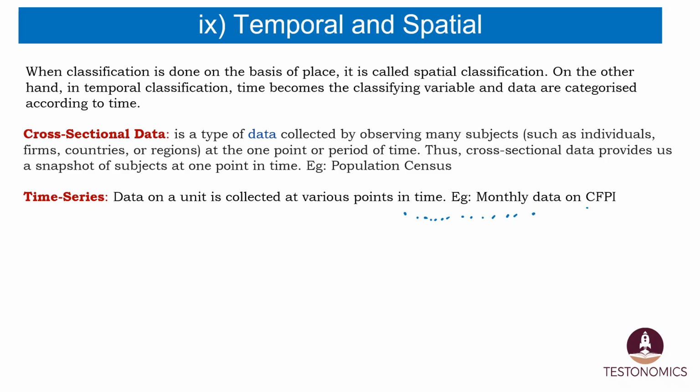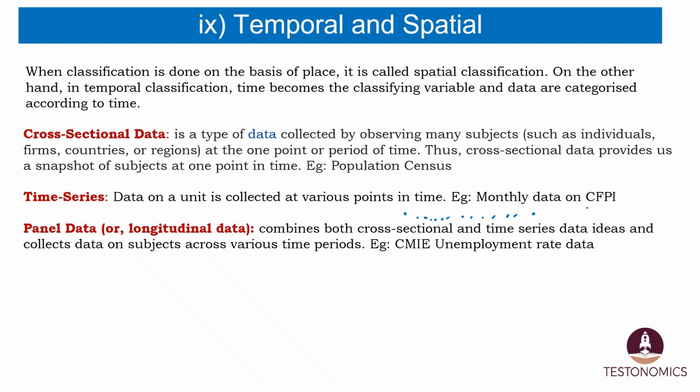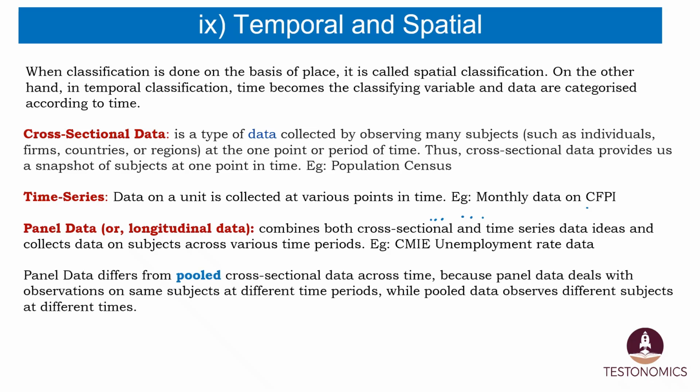Then combination of these two is called pooled. So for different subjects, we have data on different time periods, right? There is a special case of that which we call a panel data. Panel data differs from pooled cross-sectional data across time because panel data deals with observations on the same subjects at different time periods.